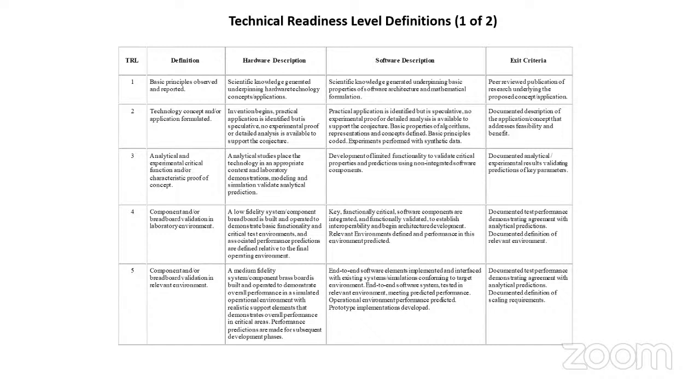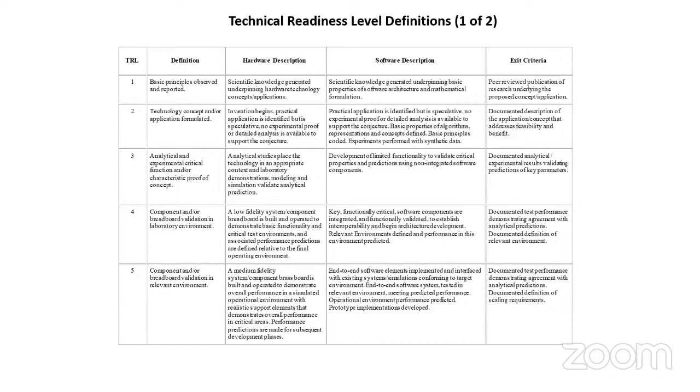The third one is analytical and experimental critical function and characteristic proof of concept. The hardware description: analytic studies place the technology in an appropriate context, with laboratory demonstration, modeling and simulation validating analytic predictions.